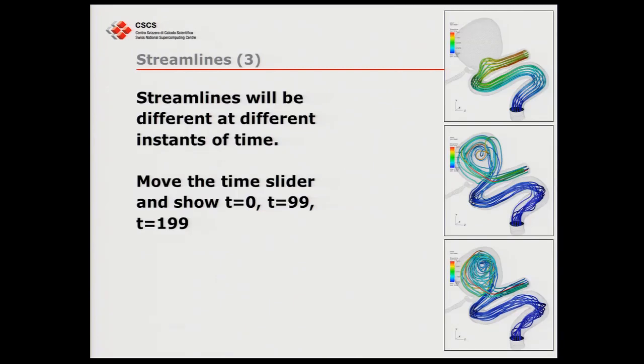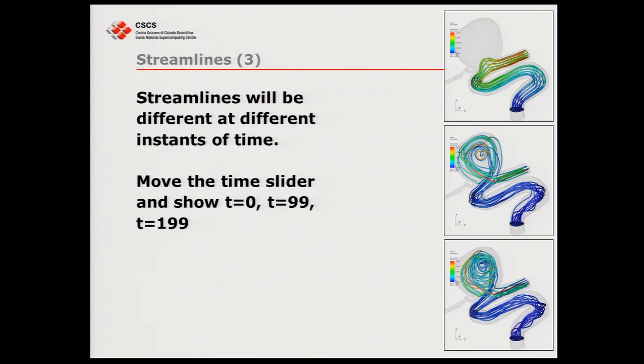This is what you should have on your screen when you have a bundle of streamlines generated. At time 0, we have this. At time 99, we have this. Time 199, this particular object. So remember, the streamlines are lines that are tangent to the instantaneous velocity field.